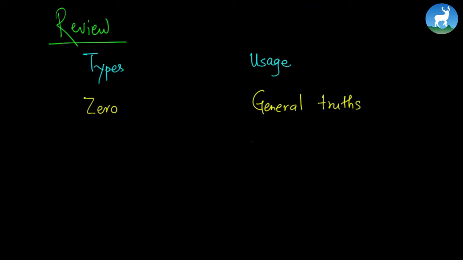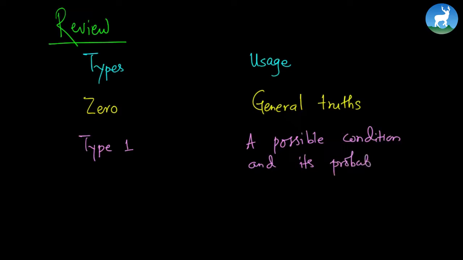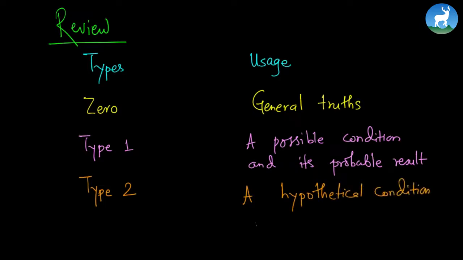The second one is called type 1, and type 1 is used when we talk about a possible condition and its probable result. Then comes type 2. Type 2 is used when we talk about a hypothetical condition and its probable result.